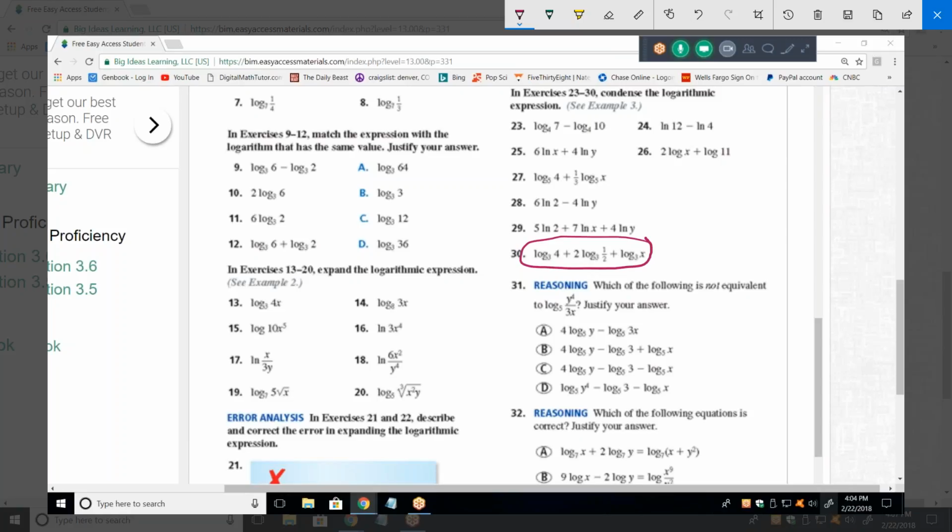The first step is to take this 2, make it an exponent. It's the only leading coefficient, so we'll do that right away like that. Now you're ready to convert the whole thing into a single log expression without any intermediate steps. Okay.